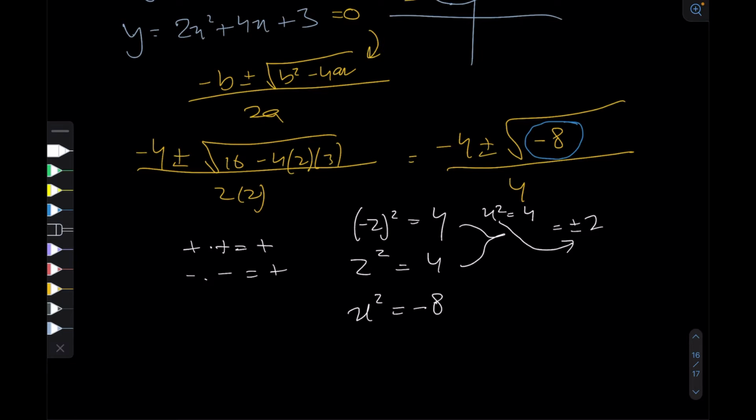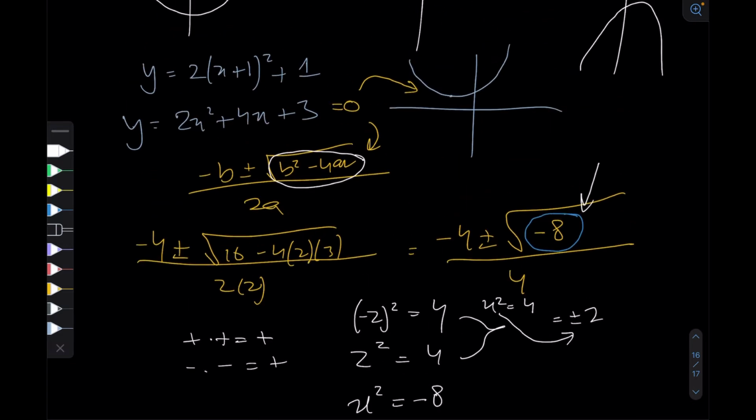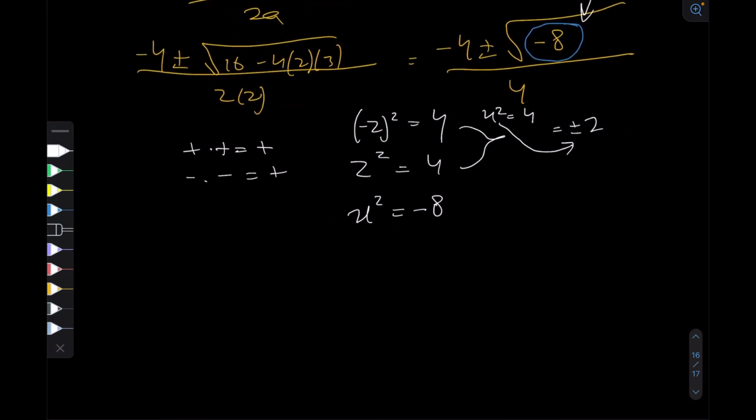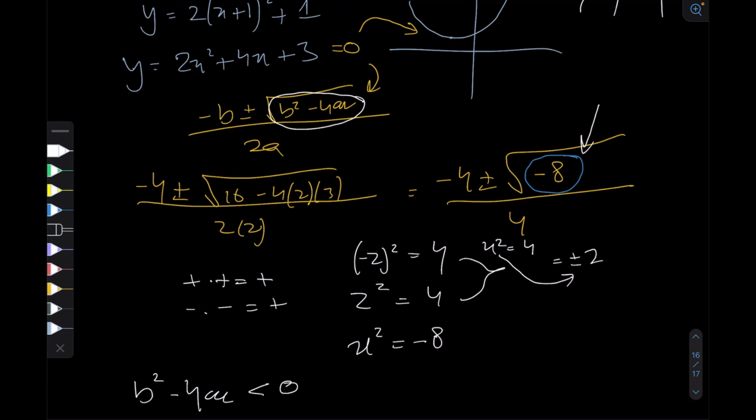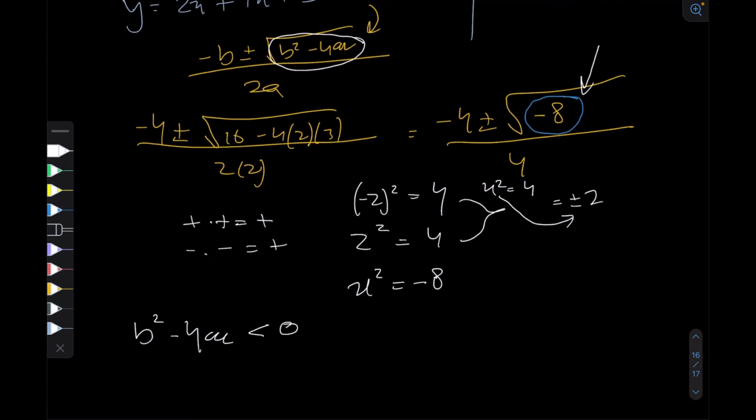And so this square root part, that was the b squared minus 4ac part, is what determines it all. So in this case, for this quadratic, my b squared minus 4ac was a negative number. And so we can see that if my b squared minus 4ac is a negative number, then that quadratic does not touch the x-axis.